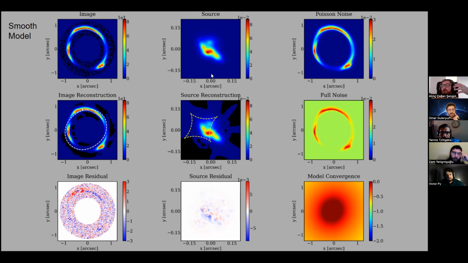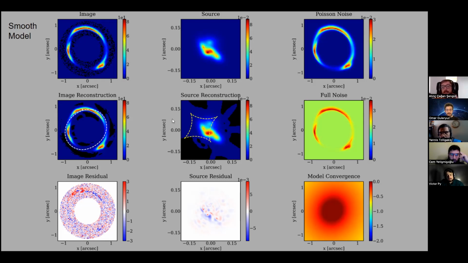And for the source, you want to vary the source. You want to allow all these complex shapes to exist in the source plane. So what we use is these basis functions called shapelets, which are orthogonal 2D basis functions that allow all these irregular shapes to occur, and they're controlled by different amplitudes.